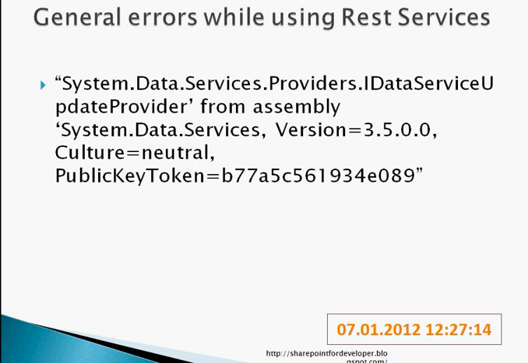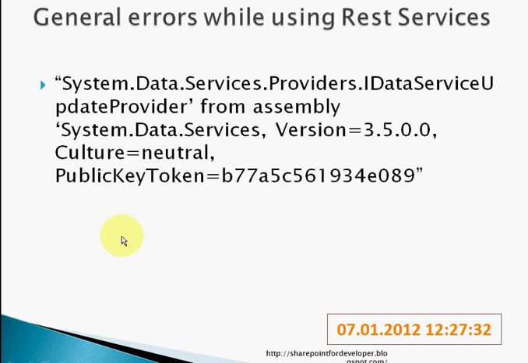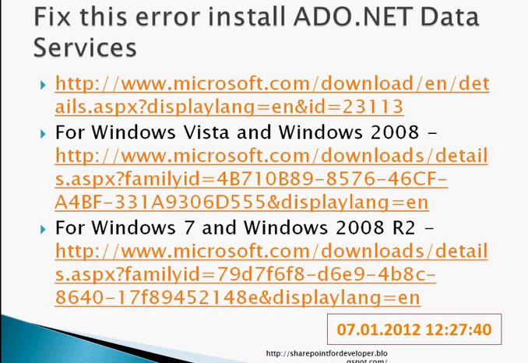Simply paste the URL, which is your server name, port name, underscore vti_bin, and listdata.svc. If you are getting this type of error, it means you need to update your system.